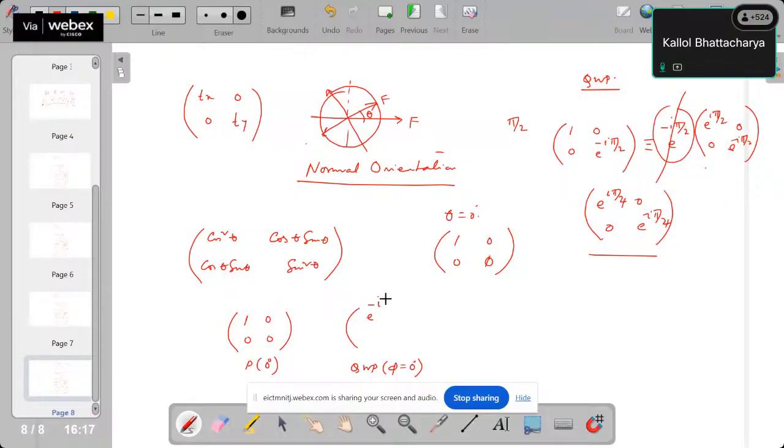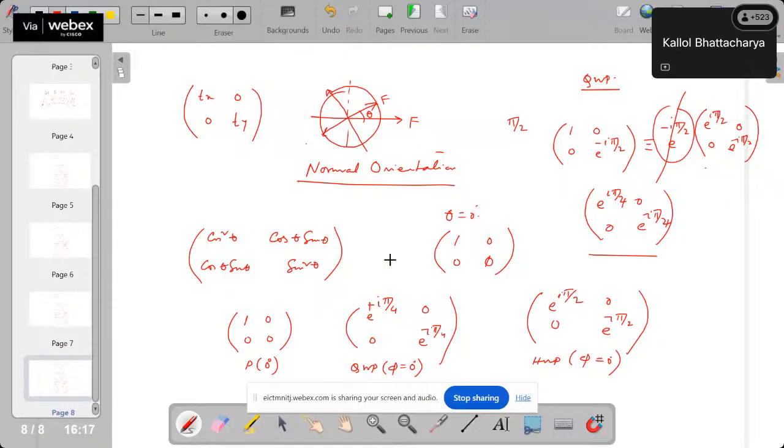So e to the power i pi by 4, 0, sorry, this is plus, 0, e to the power minus i pi by 4. So that the phase difference between the x component and the y component remains pi by 2. And we also know the half wave plate at normal orientation is equal to e to the power i pi by 2, 0, 0, e to the power minus i pi by 2.